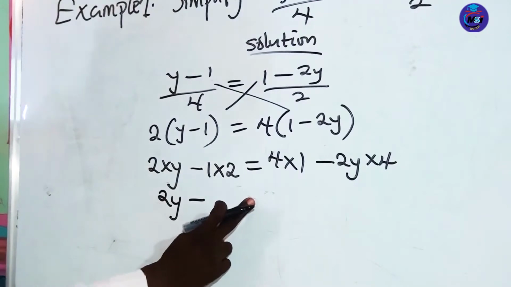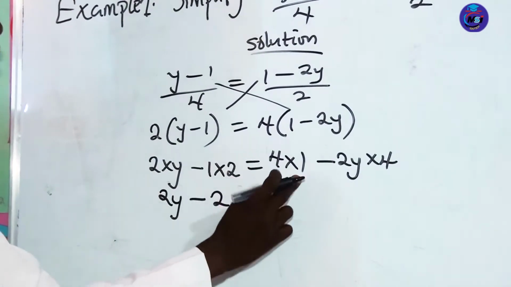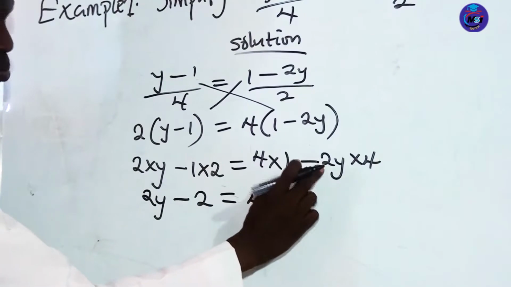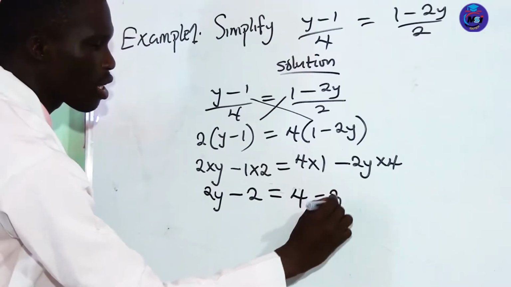Minus 1 times 2 will give us minus 2. 4 times 1 will give us 4. Minus 2 times 4 will give us minus 8y.